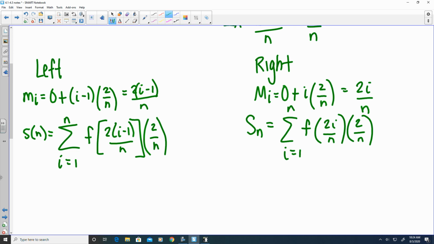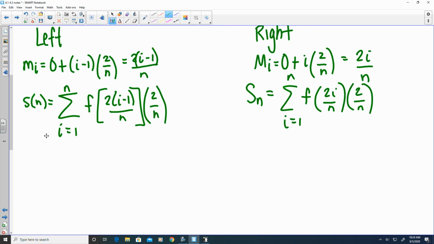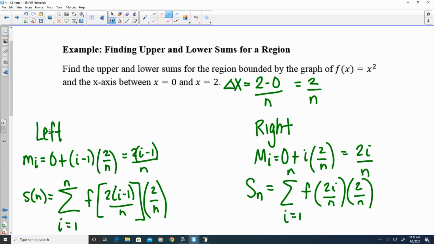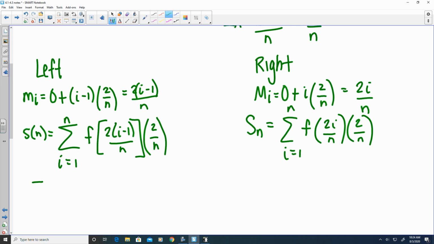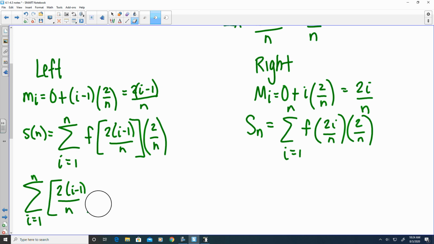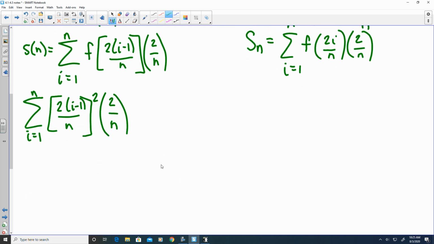Now coming back over to the left side, to plug this into the function, which is just x squared, i equals 1 to n, we take the m sub i and square it, times our width, which is just 2 over n, because I don't know how many intervals I'm using.